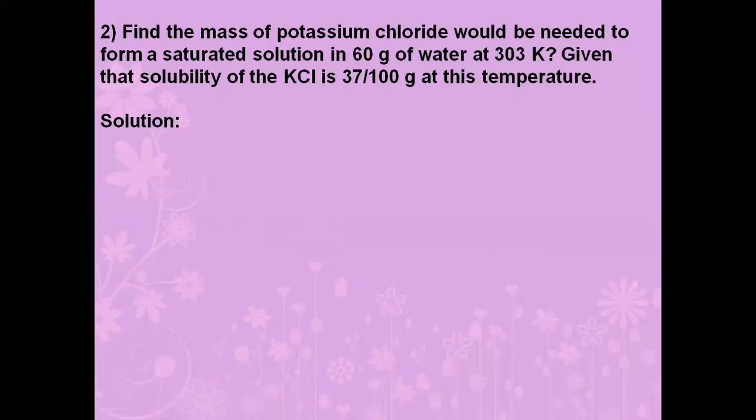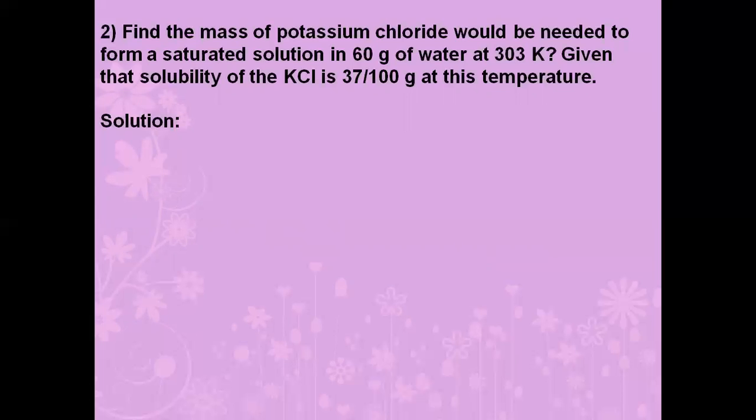The same formula is applied, but we have to find the mass of potassium chloride. Mass of the potassium chloride in 100 gram of water in saturated solution is 37. So solubility is given, but we don't know the mass of the solid.